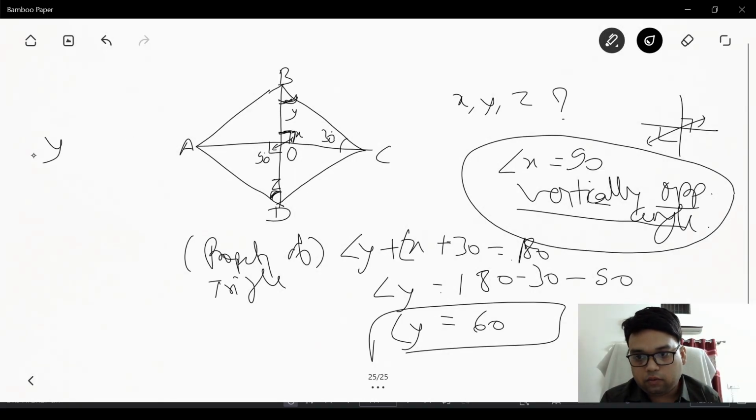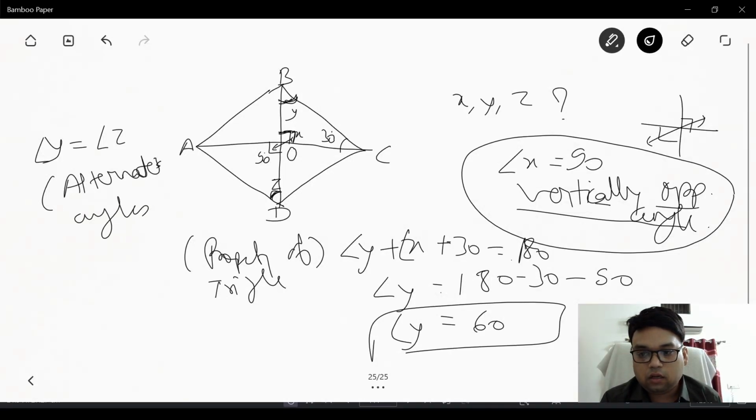Angle Y will be equal to angle Z, because alternate angles are also equal. This is alternate. This is opposite. Here this is alternate.